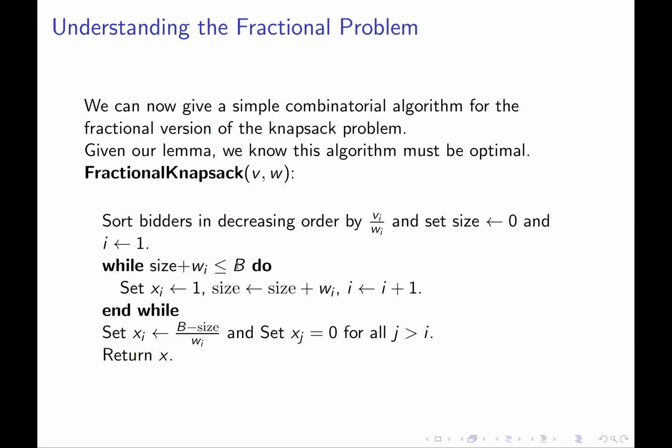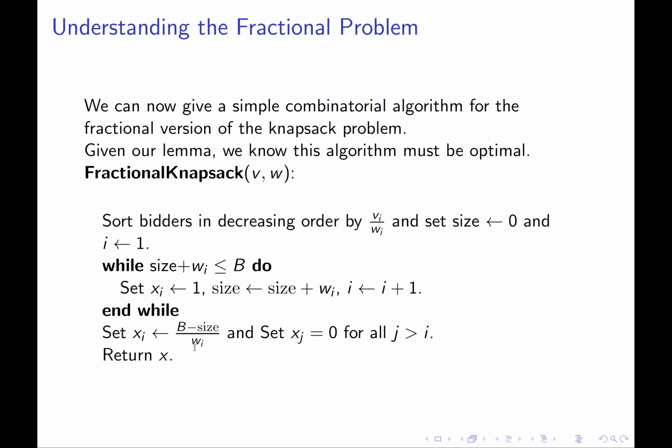So what we'll do then is, for this last bidder I, the one who doesn't quite fit into the knapsack, we're just going to fractionally put in whatever part of them does fit. So we will allocate to bidder I exactly the remaining space left in the knapsack, which just means that their allocation will be the remaining space in the knapsack divided by their size.